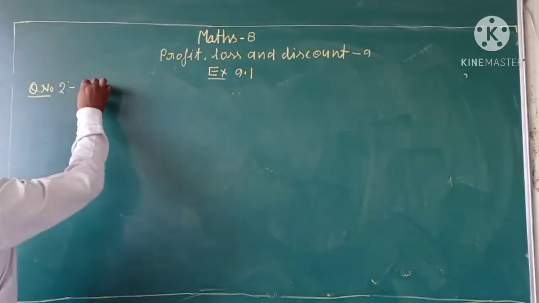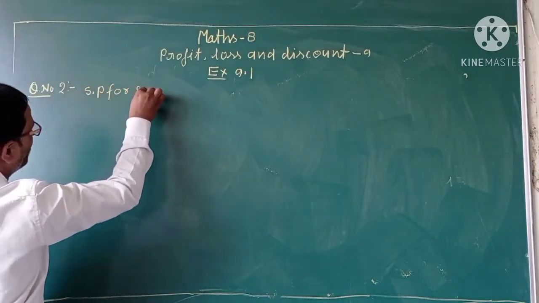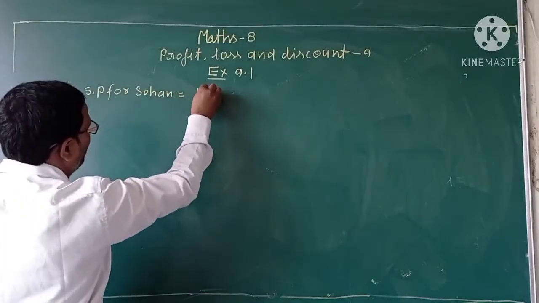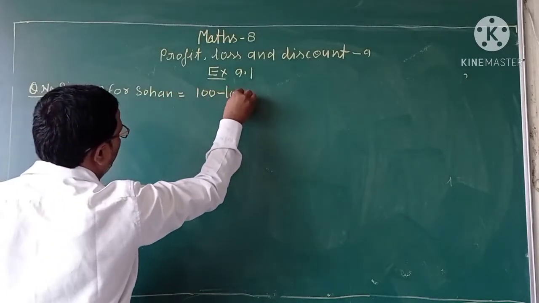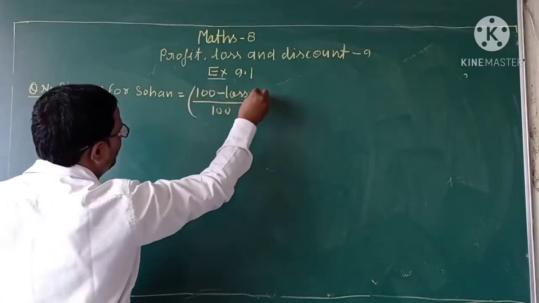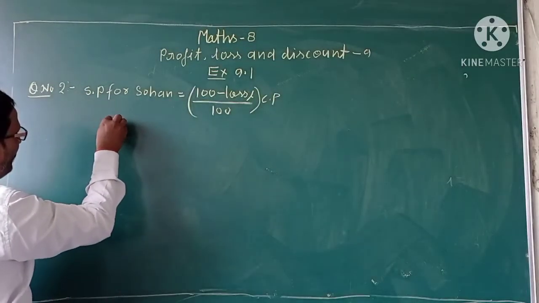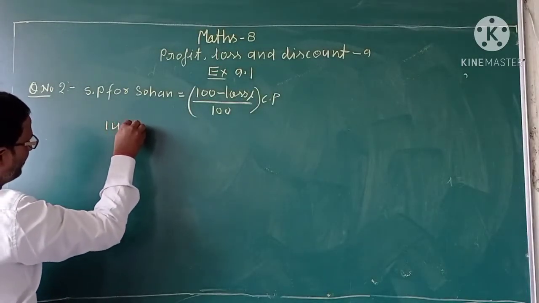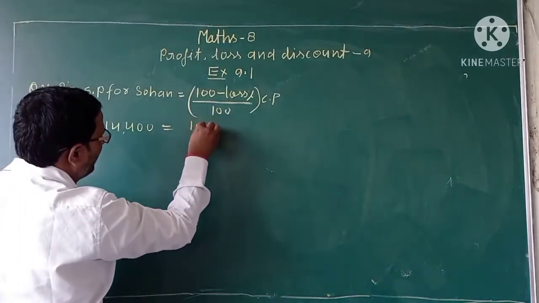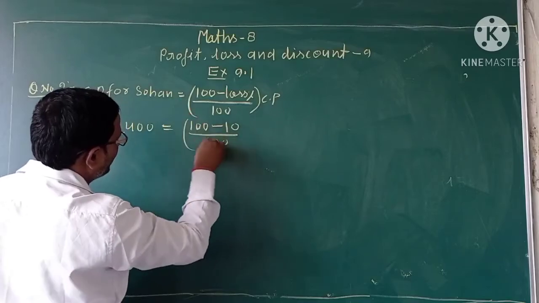See that, SP for Sohan is 100 minus loss percent upon 100 into CP. SP is given, 14,400. Loss is given, 10% upon 100.